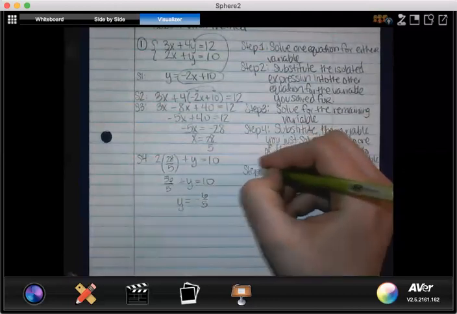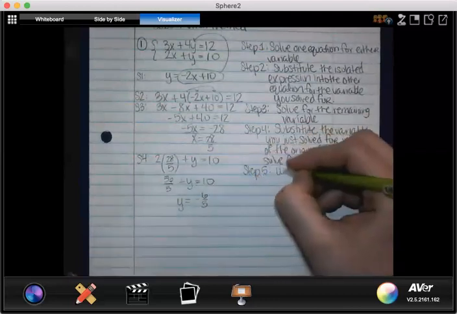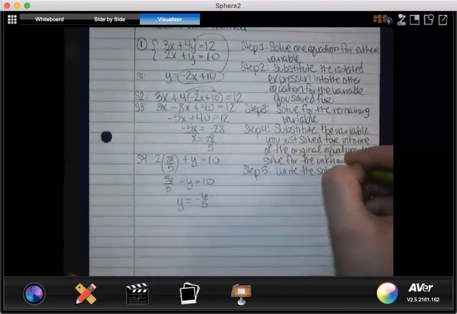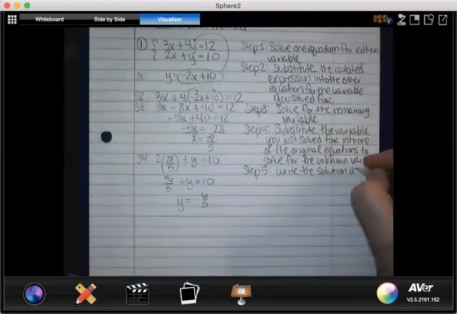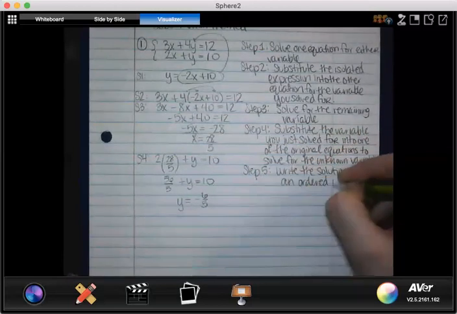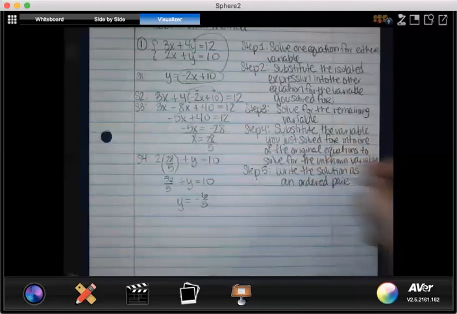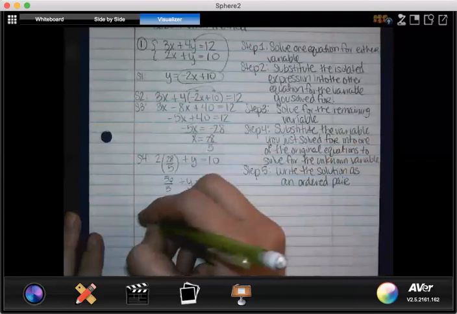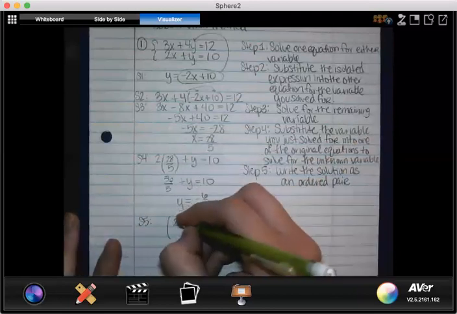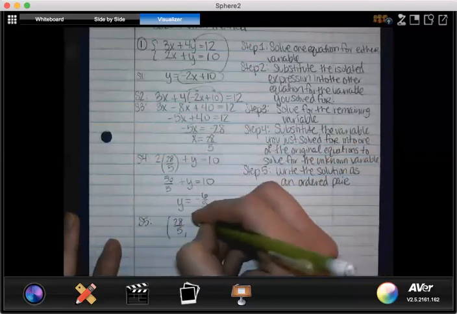Okay, step 5, last step. We're going to write the solution as an ordered pair. So therefore, step 5, ordered pair would be 28/5, comma, -6/5.